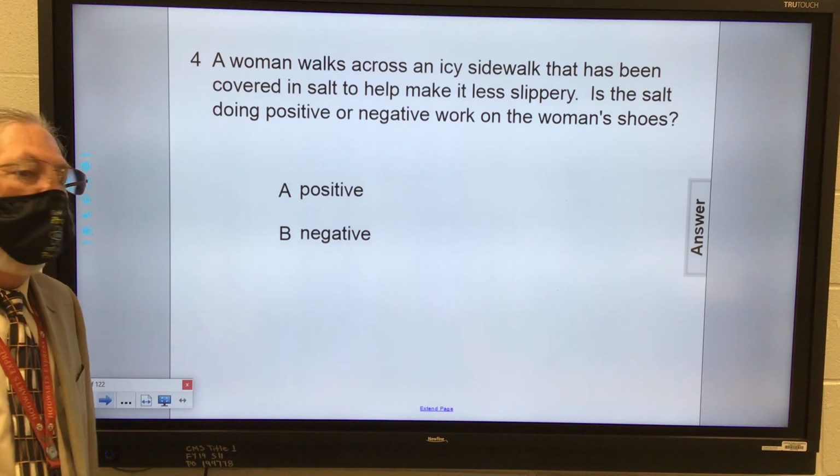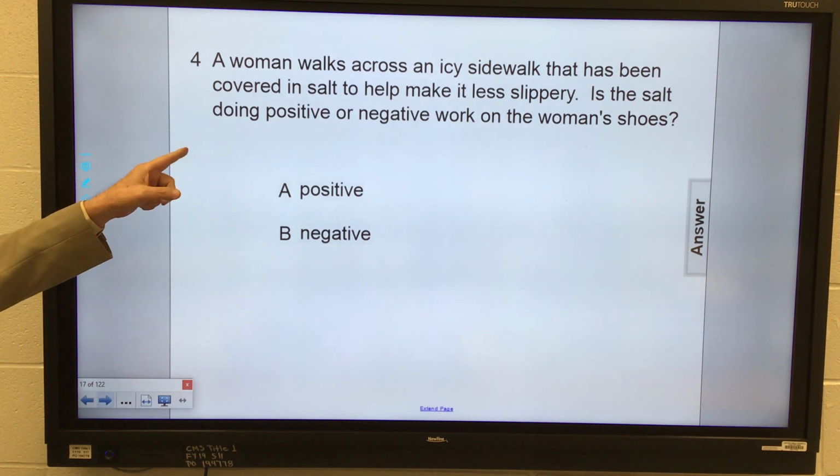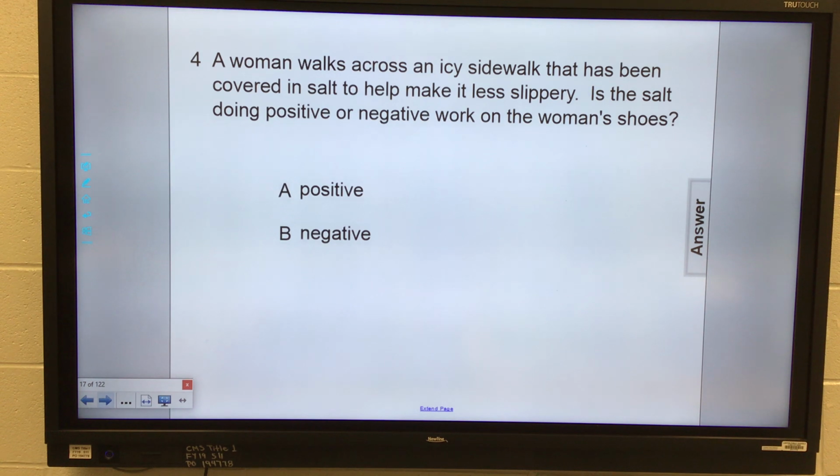Look here. Oh, think about this for a second now. A woman walks across an icy sidewalk that has been covered in salt. Now think about what happens when you walk on an icy sidewalk and it's covered in salt. Is the salt doing positive or negative work on the woman's shoe?